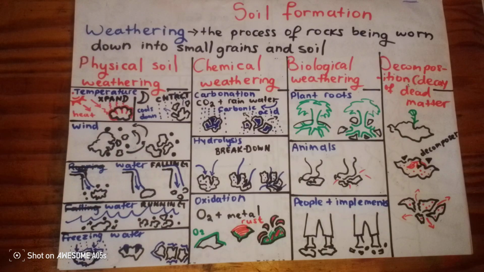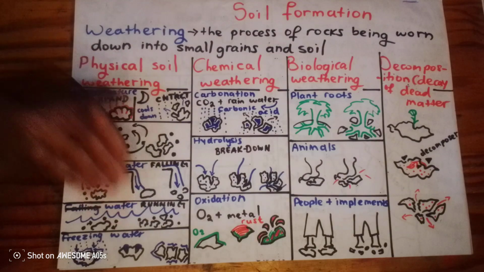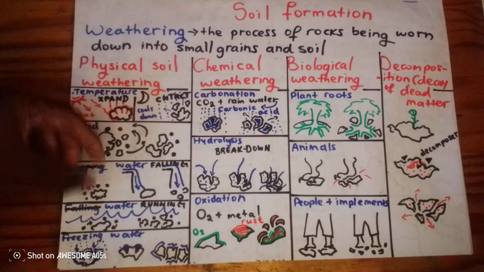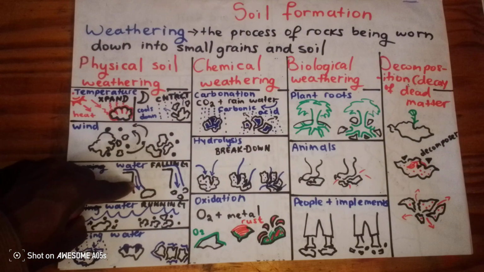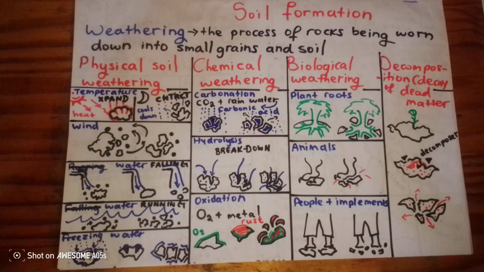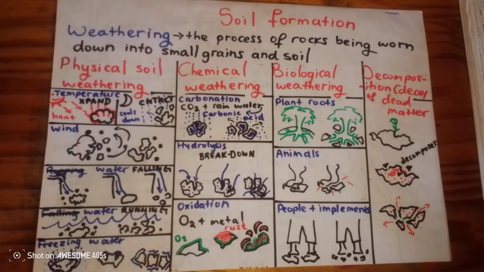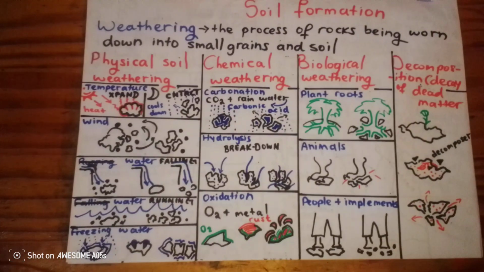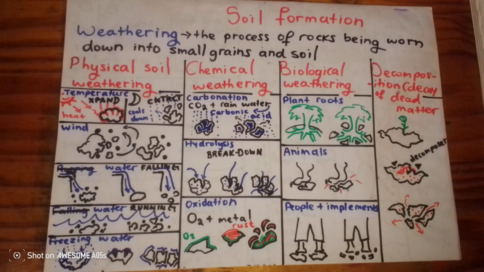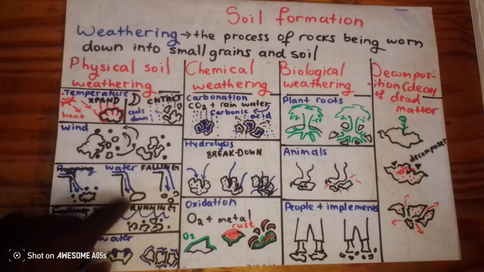I tried to draw a waterfall, and the water is falling, and as it falls, it carries pebbles. Bear in mind, water has a very, very high pressure. It's more than just the rocks, it's the pressure of the water as well, that also has an effect on the rocks underneath.